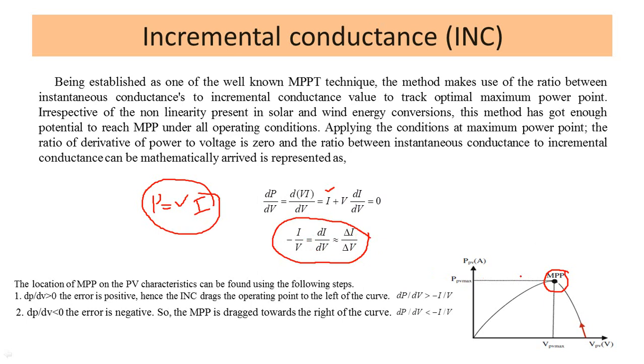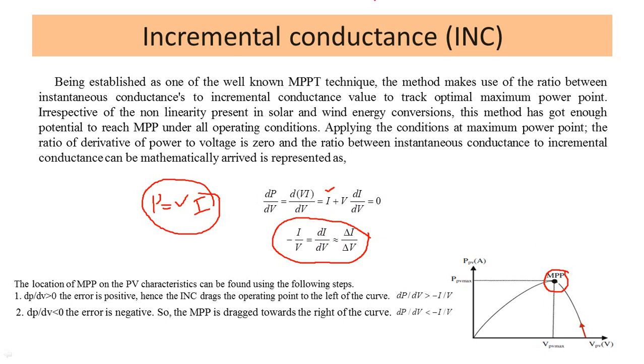That is point number 1 in this incremental conductance. Note this particular point. For this condition, minus I by V is always going to be 0, which means the PV is operating at the MPP. The ratio between change in current and change in voltage is always equal to 0 at this point.